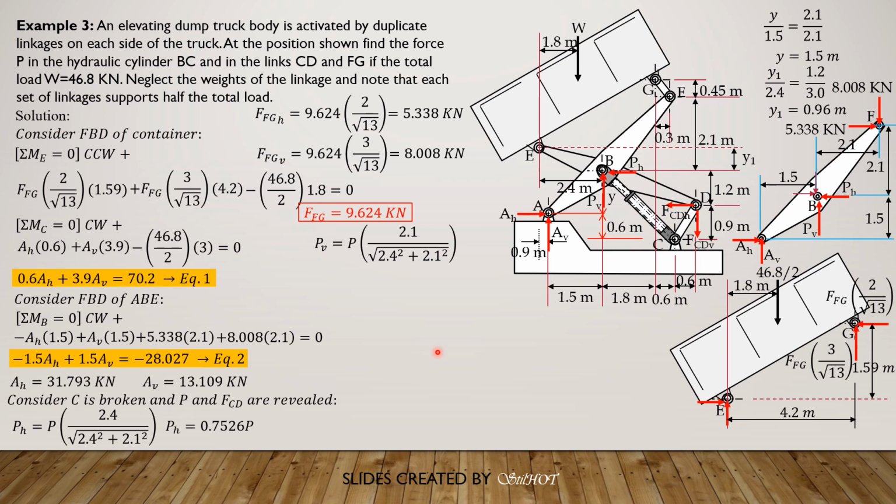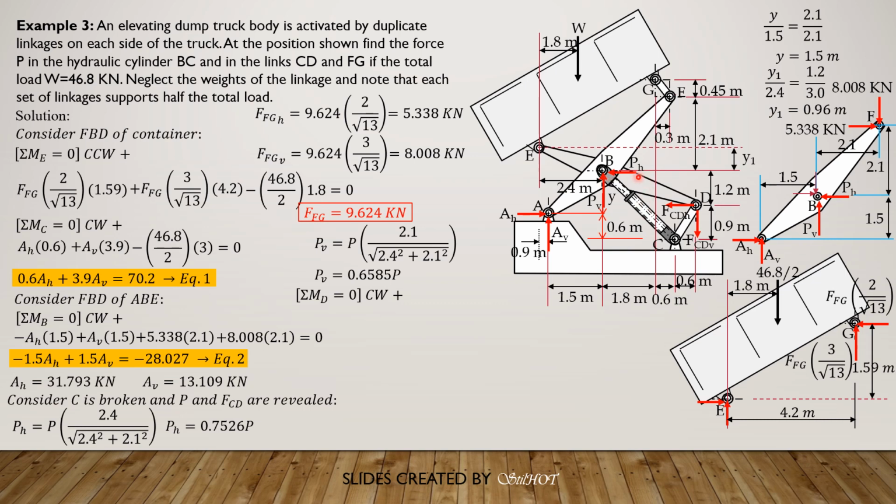So summation of moment about point D equals 0, clockwise positive. So we have PV, 0.6585 times 3, we sum up moment about D. So 1.8 plus 0.6 plus 0.6 is 3.